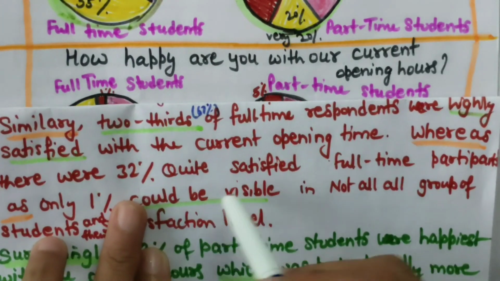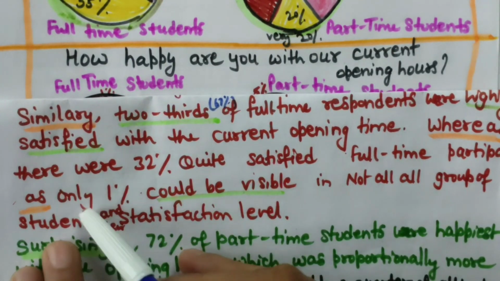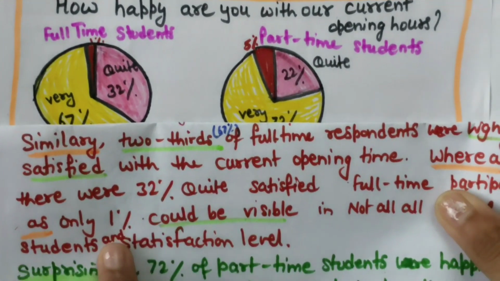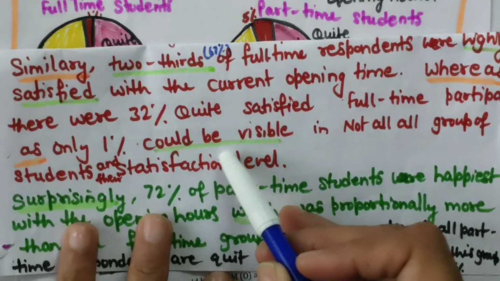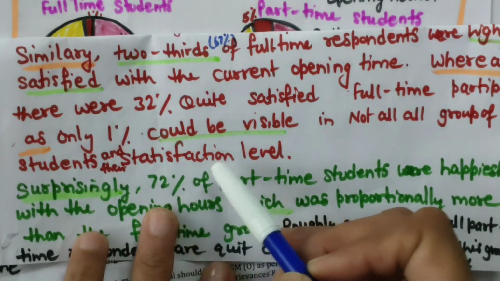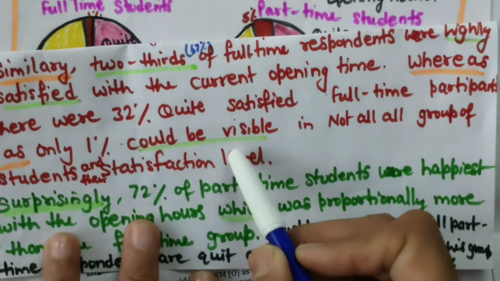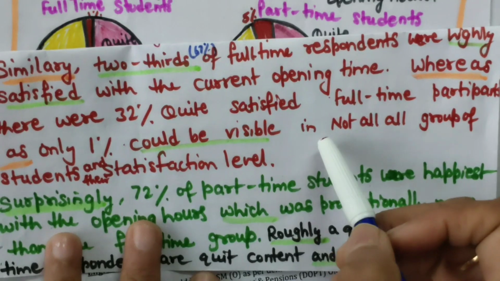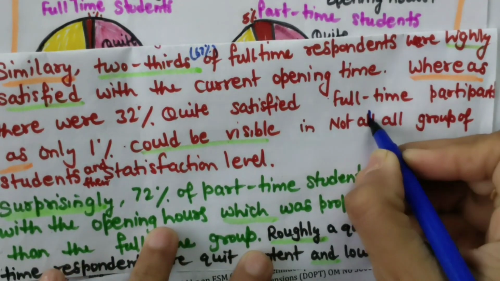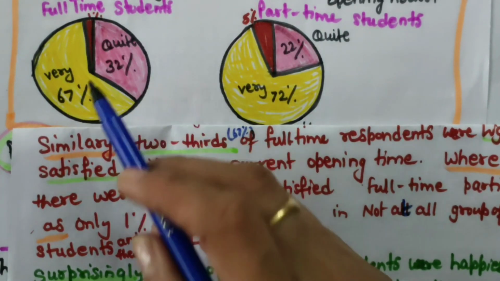This is quite satisfied. Full-time, quite satisfied. In the not at all group of students and their satisfaction level, full-time participants were only 1%. Only 1% students were left.